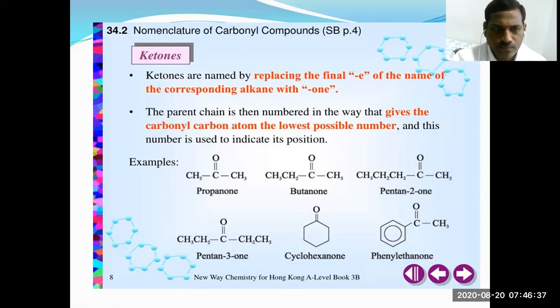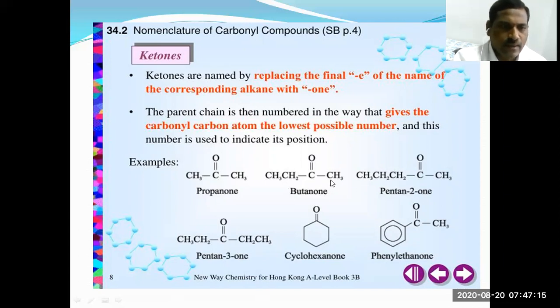For example, 3 carbons are present in this compound. The keto group is present. The alkane name is propane. You replace the small e of the alkane by one, O-N-E. The IUPAC name of this compound is propanone.